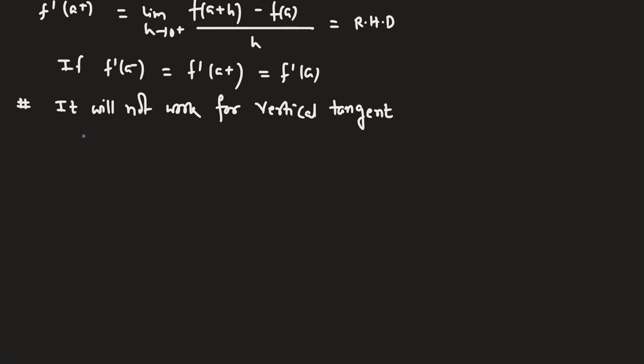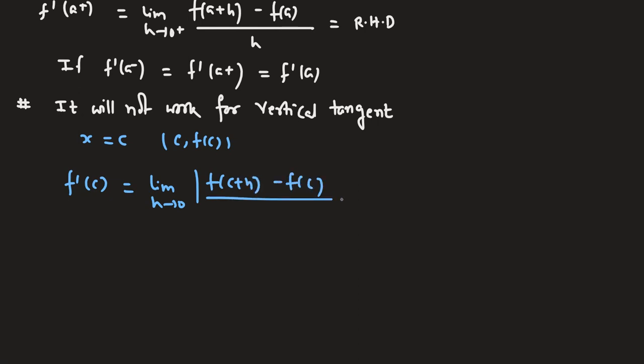In the case of vertical tangents, suppose our point is x equals c, so c comma f of c is the point on the curve. If we calculate the derivative f dash c, which is limit h tends to 0 of f of c plus h minus f of c divided by h, and its modulus value is infinity, then we have a vertical tangent at that point.